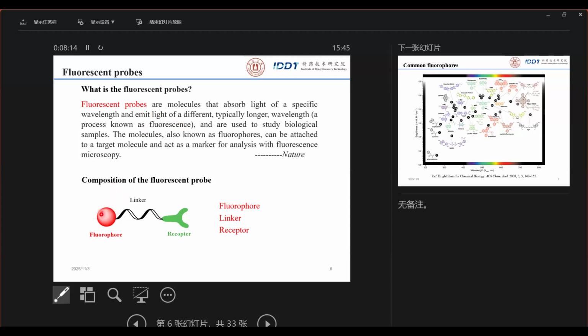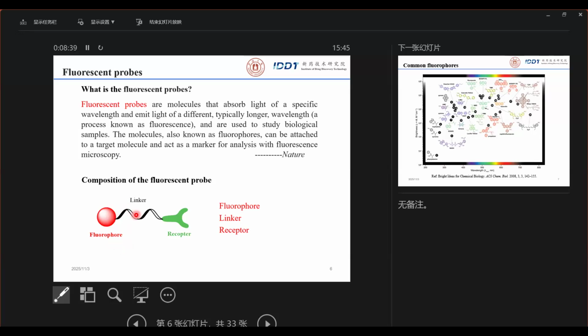We will use a fluorophore, usually in red color, because it has lower background in the biological body, for example in animals, in cells, or even in people's organs. With a linker, usually this link is microenvironment active.